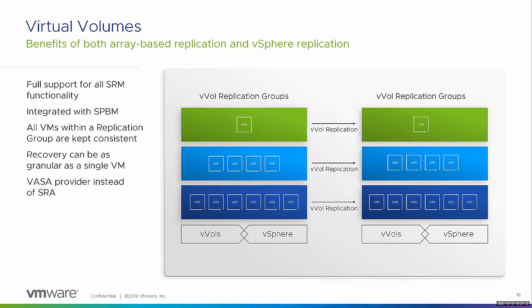And what SRM is able to do is interact with vVols at the replication group level. A replication group can consist of as few as one VM or a large number. I actually don't think there's a high-end limit to the number of VMs that can be part of a replication group, but the VMs within a replication group will be kept in a consistent state.